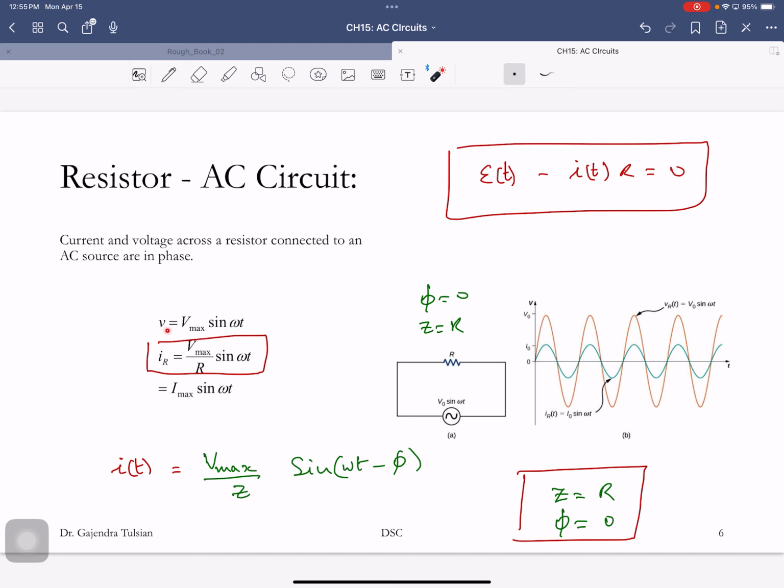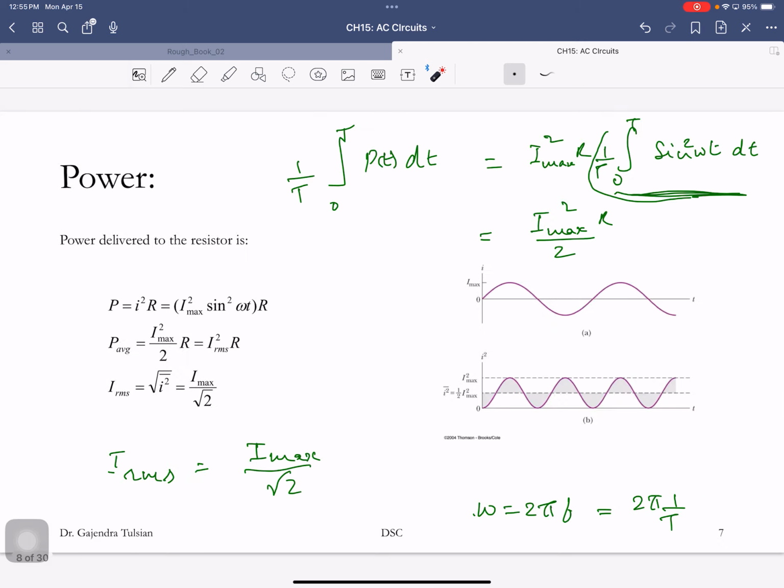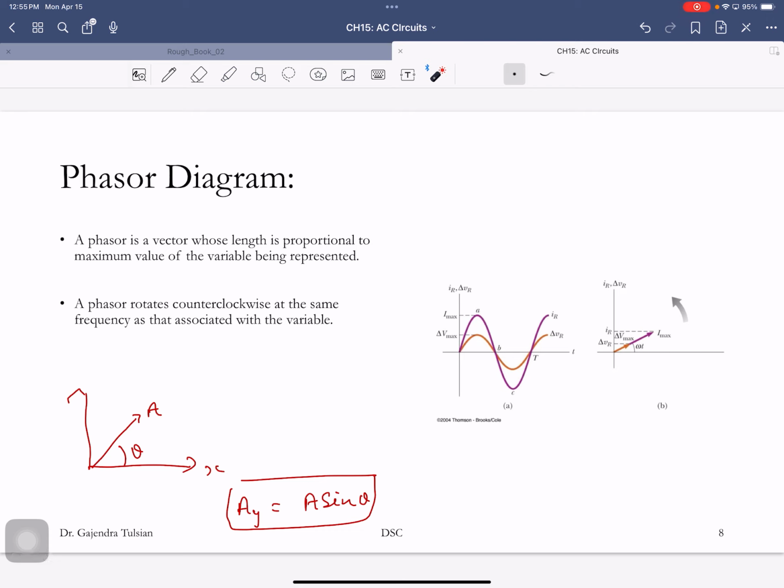It looks like the y component of a vector. Similarly, the current is I max times sine theta. It looks like the y value of a vector. These vectors are called phasors. We make the phasor rotate counterclockwise at angular velocity omega, and the instantaneous value is the y component of this vector.